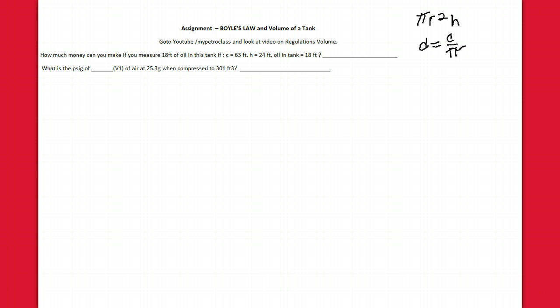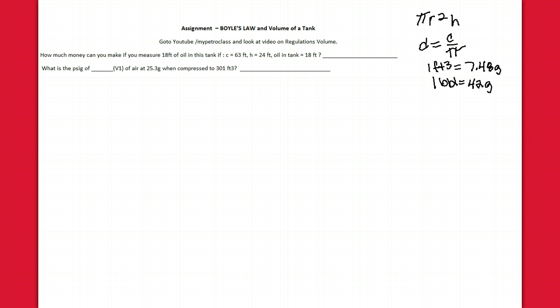What else? 1 cubic foot is equal to 7.48 gallons. And what else? 1 barrel is equal to what? 42 gallons.